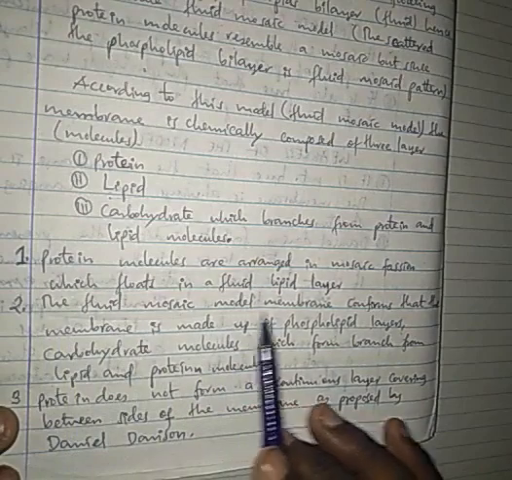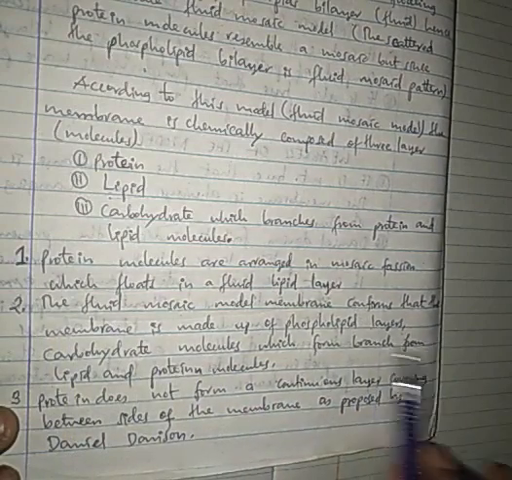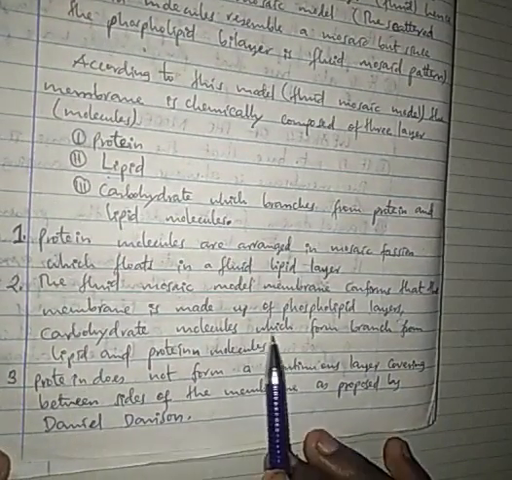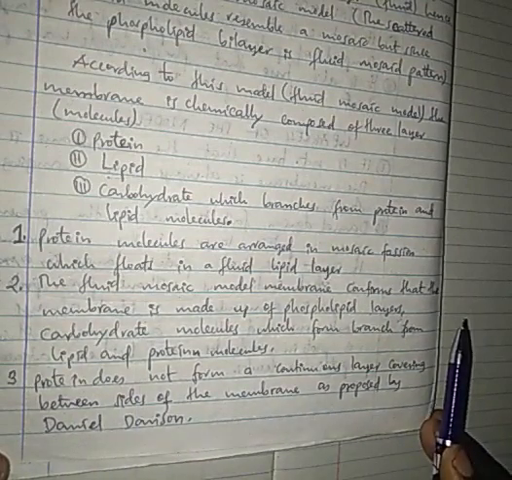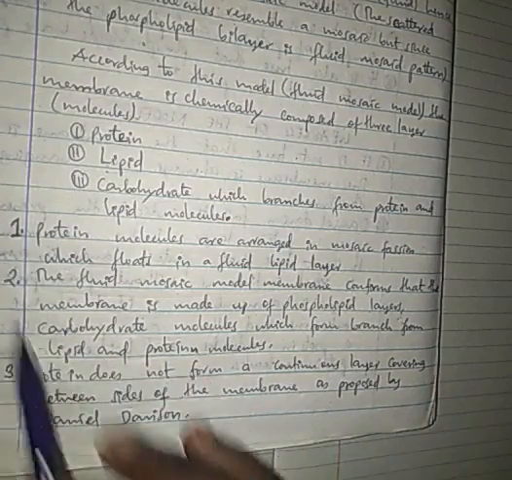The model confirms that the membrane is made up of phospholipid layers and carbohydrate molecules, which form branching from lipid and protein molecules. Protein does not form a continuous layer covering both sides of the membrane, as proposed by Davson. So these are the ideas of the fluid mosaic model.